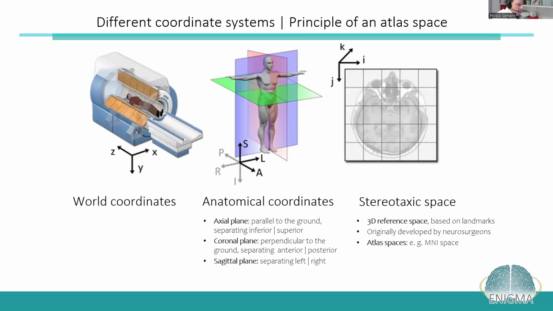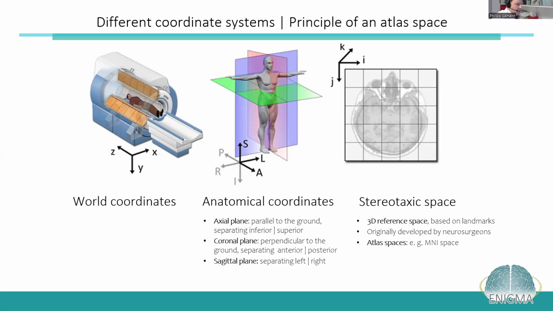So when it comes to these different coordinate systems, the situation can be quite confusing. So the so-called world coordinates would be absolute coordinates in the MRI room, for example. Whereas when it comes to the body axis as a relative reference system, you have so-called axial planes that separate inferior and superior compartments.